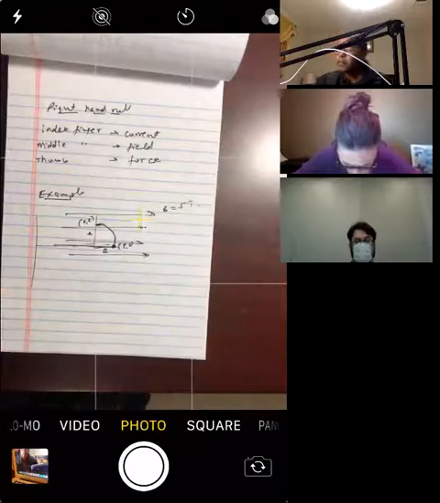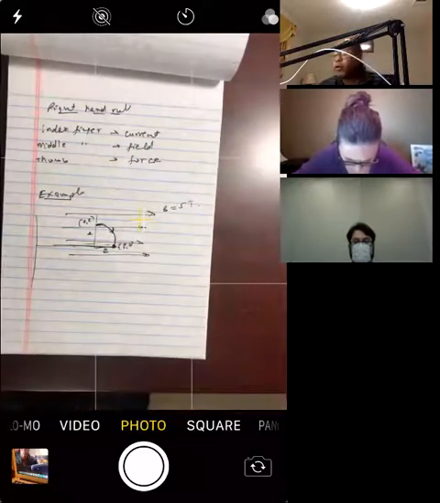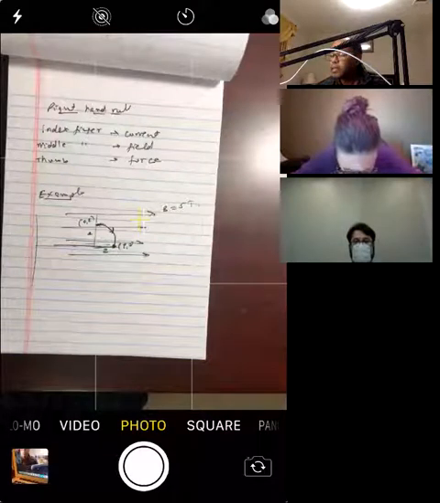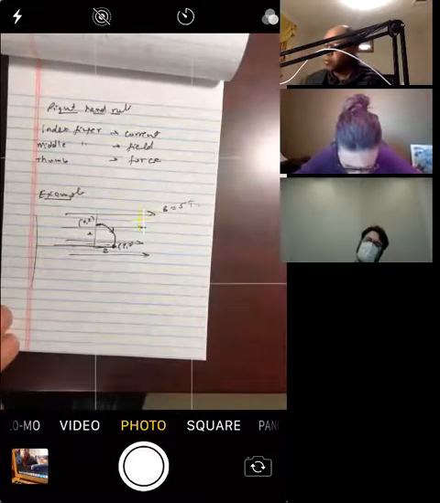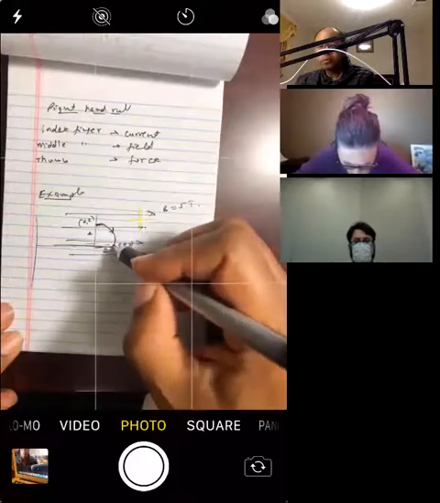Let's say the current is going this way. Let's calculate the magnetic force acting on this one. Remember, delta L is the vector connecting these two.